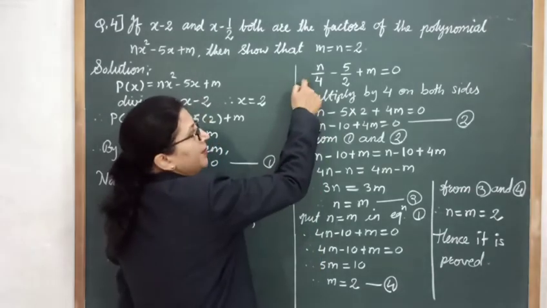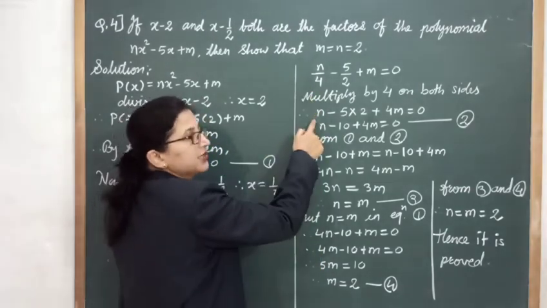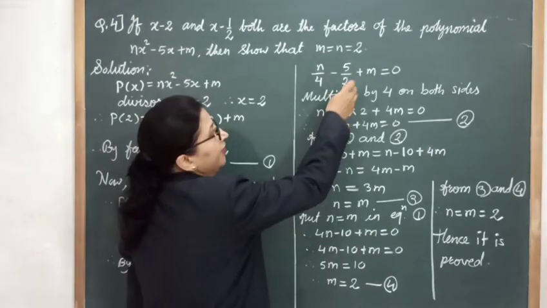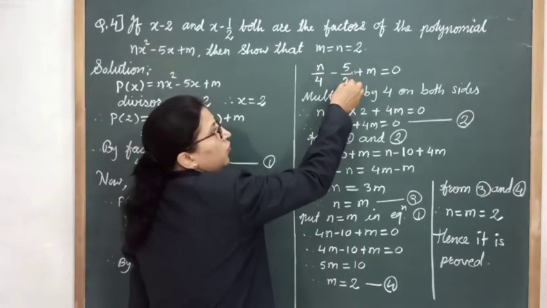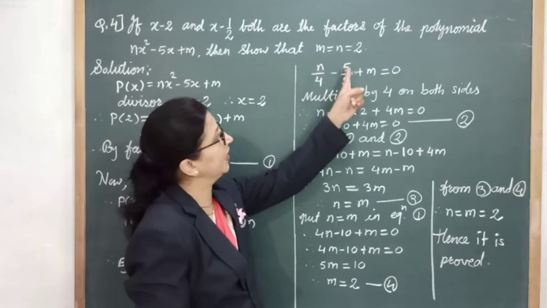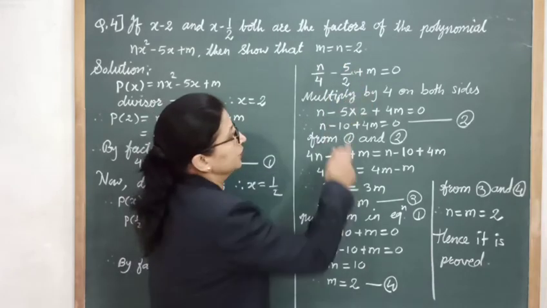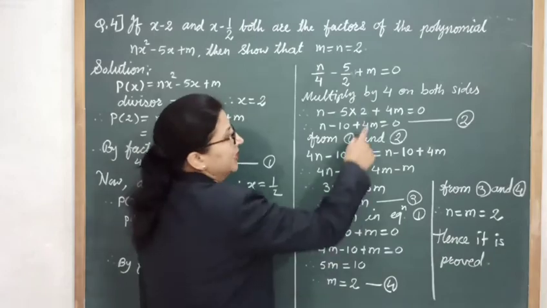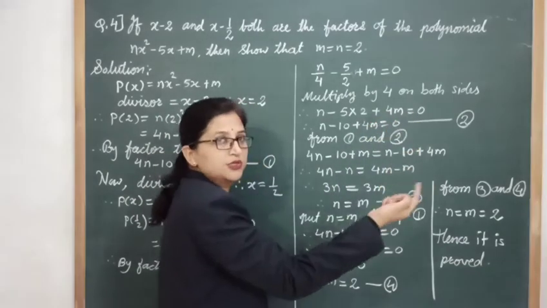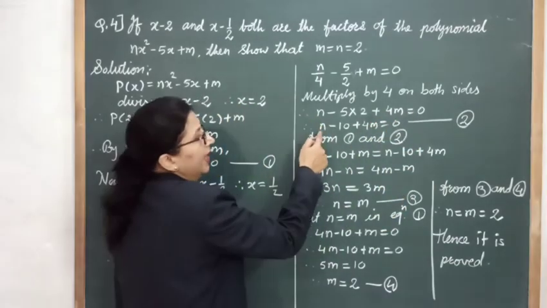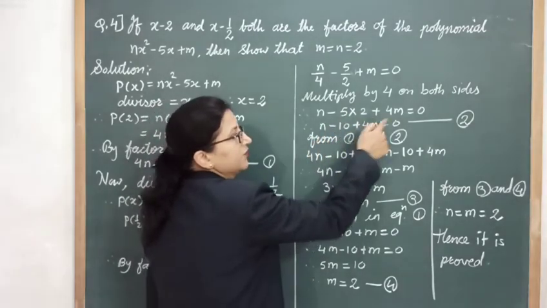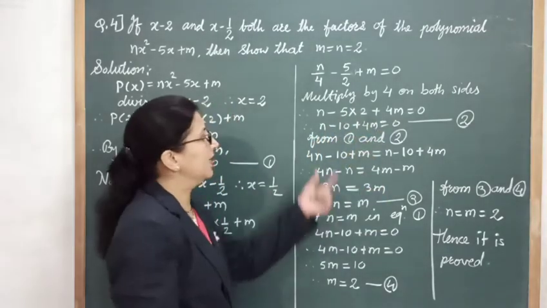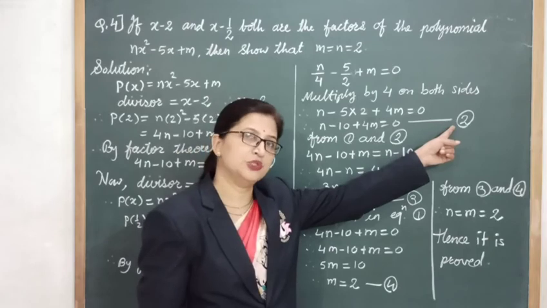The 4 cancels and we get n only. Then 4 times 5 upon 2 gives 5 multiplied by 2, plus 4m is equal to 4 into 0, which is 0. So n minus 10 plus 4m is equal to 0. Let's call it equation number 2.